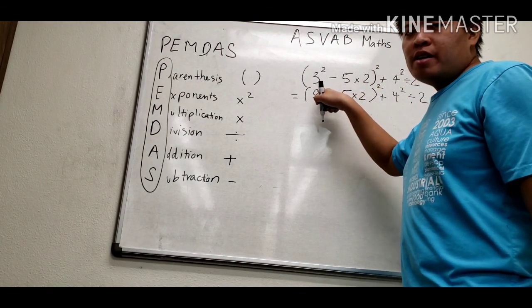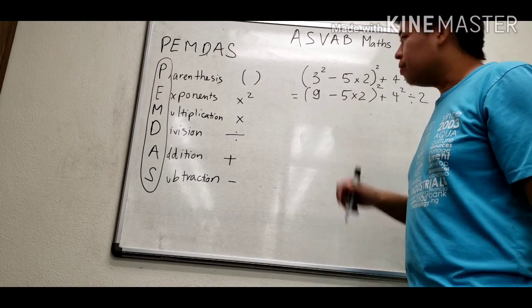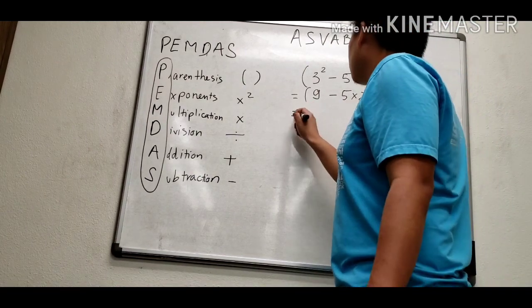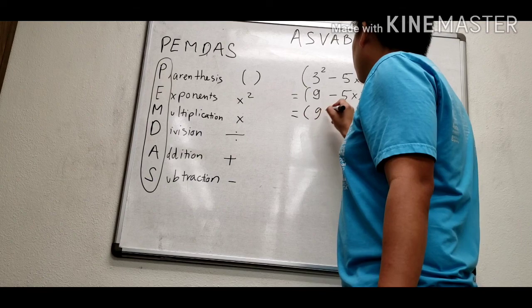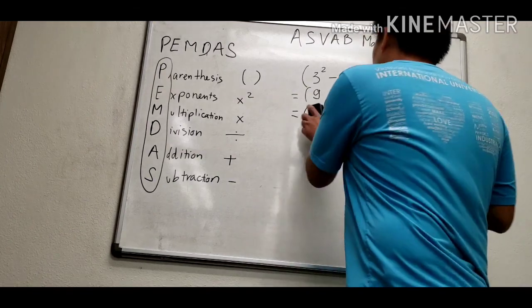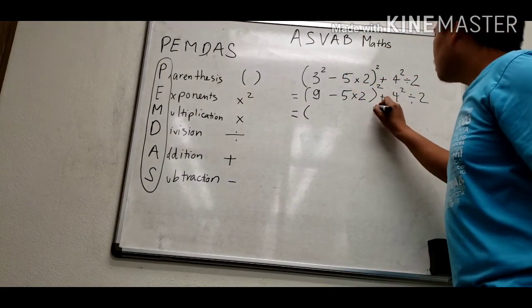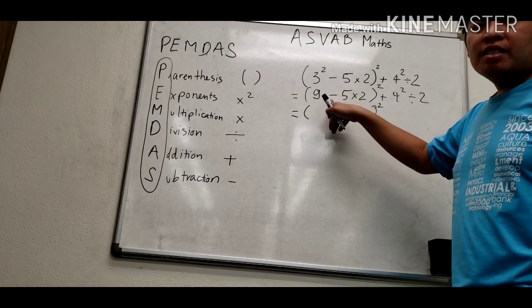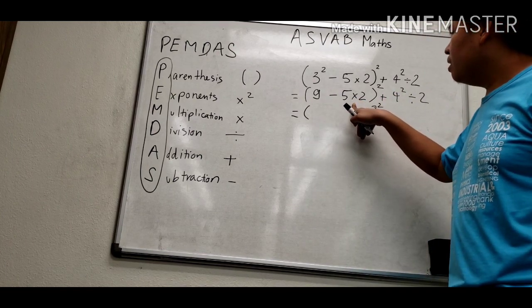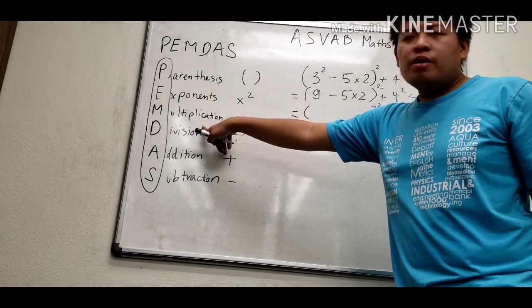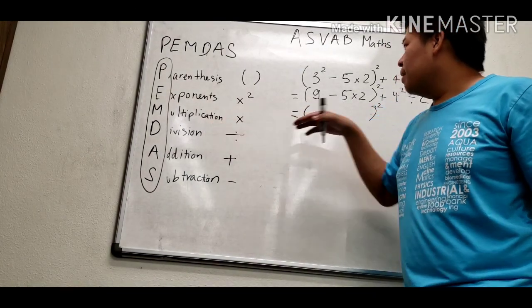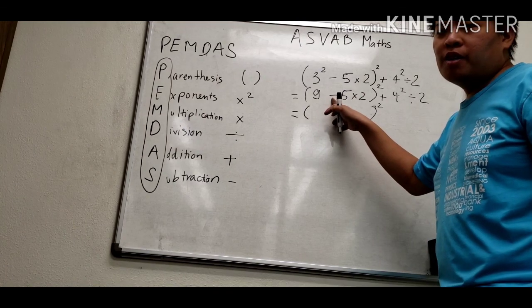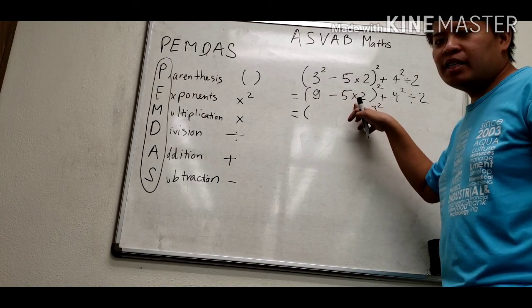Because 3 power 2 is about 9. The next one, between minus and multiplication, we see that the multiplication is the third priority because we only have the minus and the multiplication.